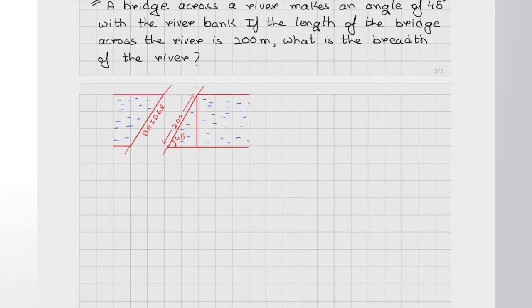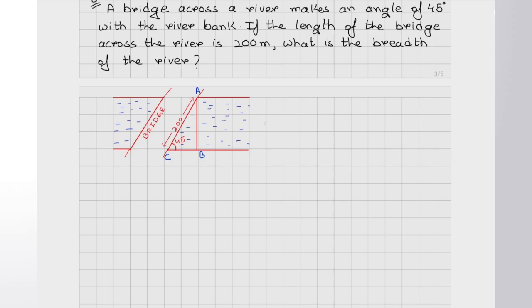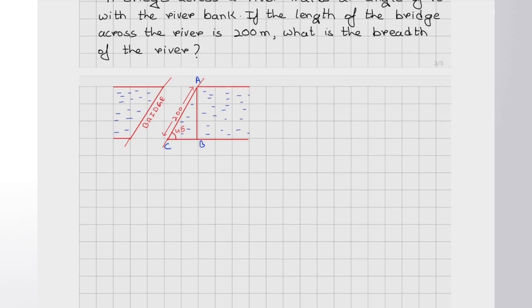Let's make the naming A, B, C. What do we know? We know the hypotenuse, which is adjacent to the 45 degree angle. Now we don't know this, also we don't know this, nor do we know this.